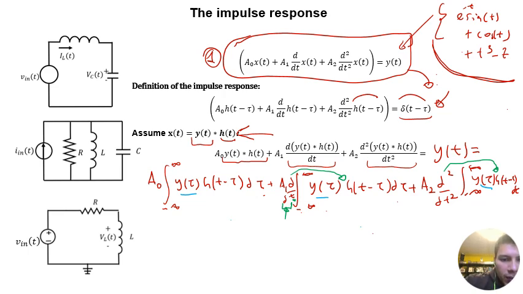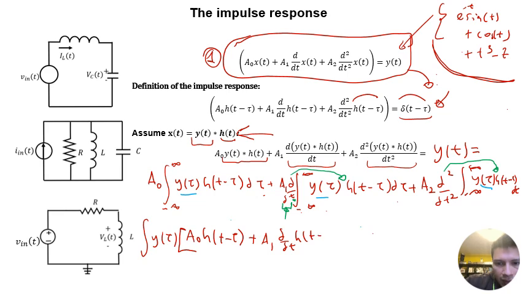So I'm going to have y sub tau, and then I'm going to have a0 h of t minus tau plus a1 d dt h of t minus tau plus a2 d dt squared h of t minus tau, d tau.